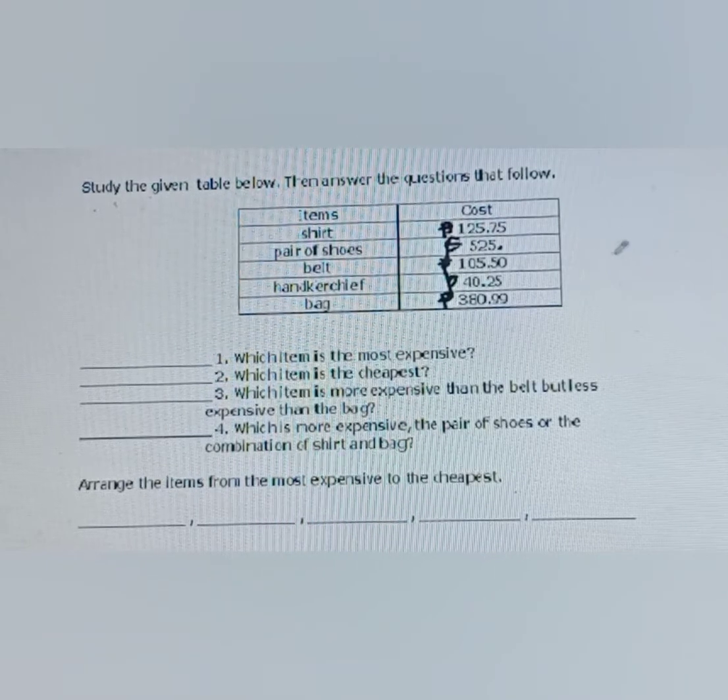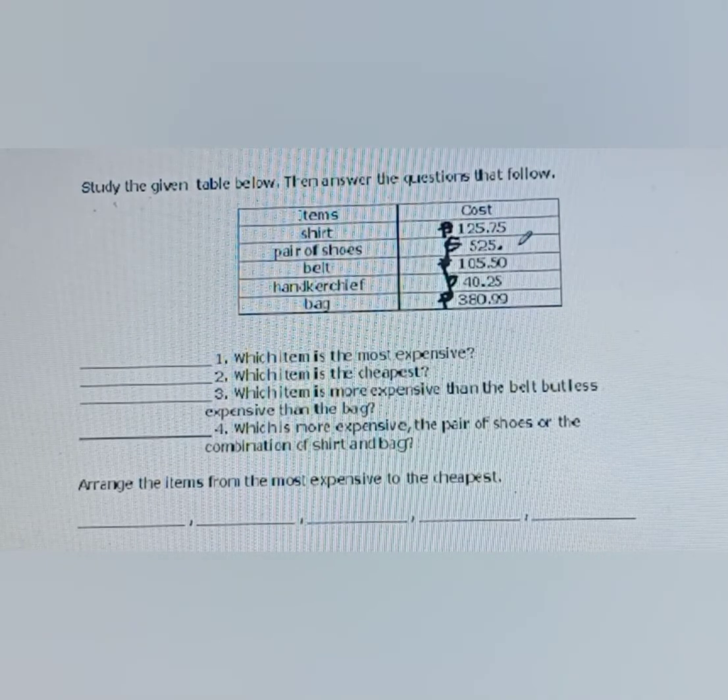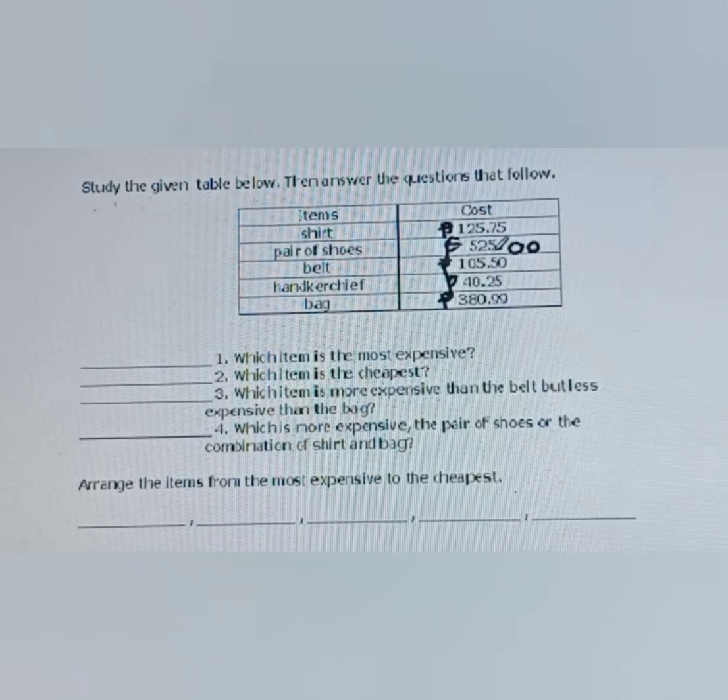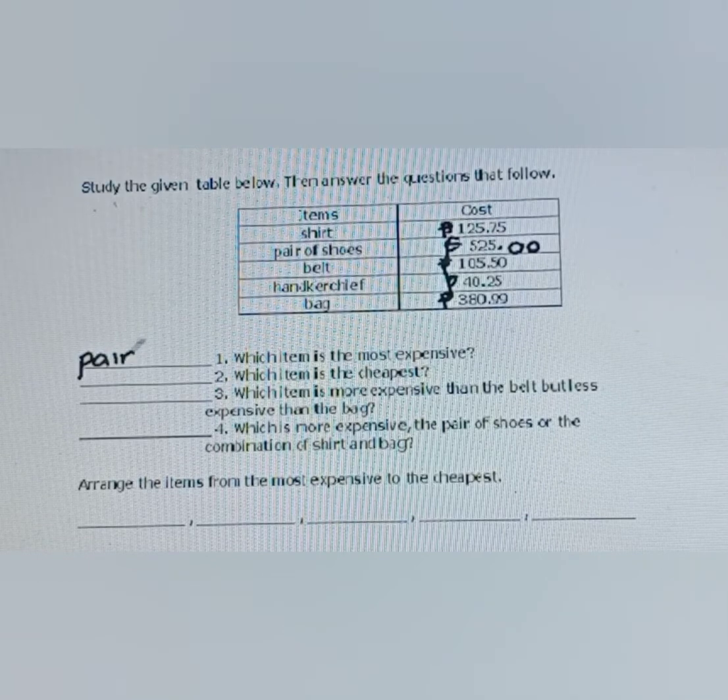So the biggest whole number here, as you can see, is 525. So that's the most expensive. And what item is that? That's the pair of shoes. So our answer here is pair of shoes.